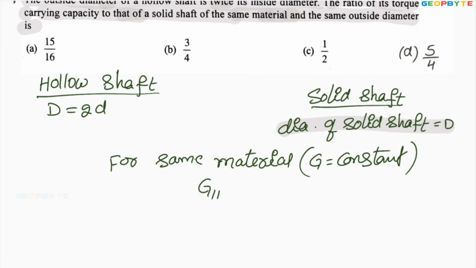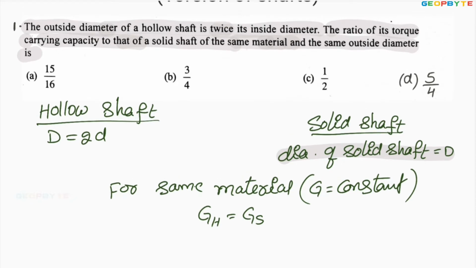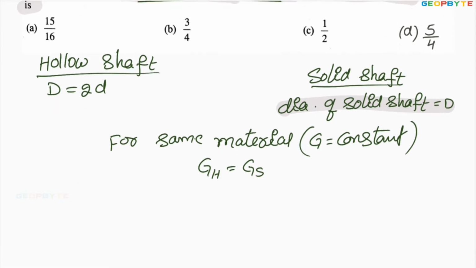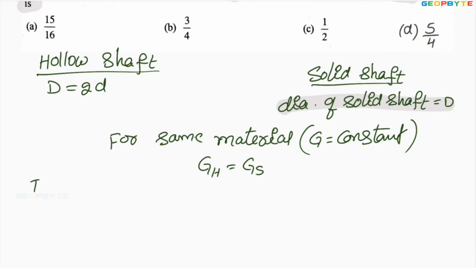That means shear modulus for the hollow shaft equals shear modulus for the solid shaft. Then you are asked to find the ratio of torque carrying capacity of the hollow shaft and solid shaft. How much is that? That is the problem.